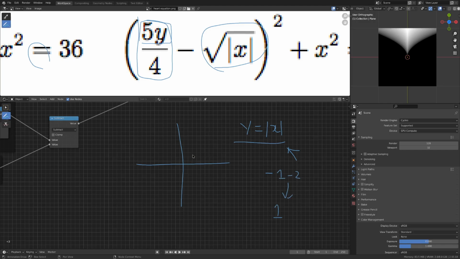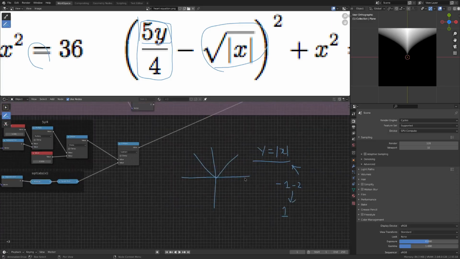So that's why we get this kind of looking graph here. So that's why this effect works exactly the same as the math node. So I hope it makes you convinced now. Anyway, let's keep going.